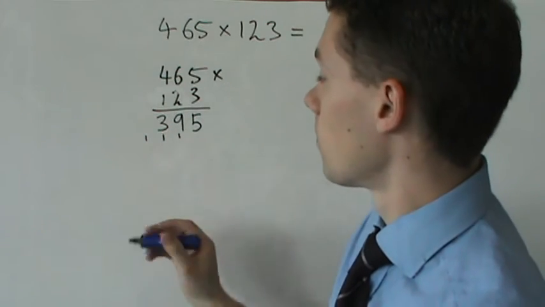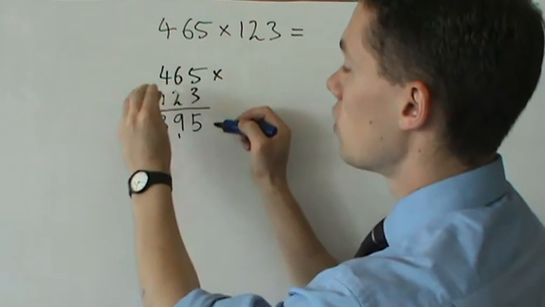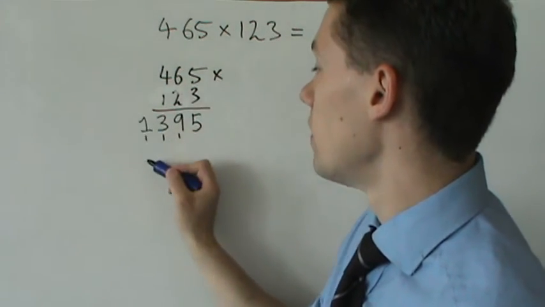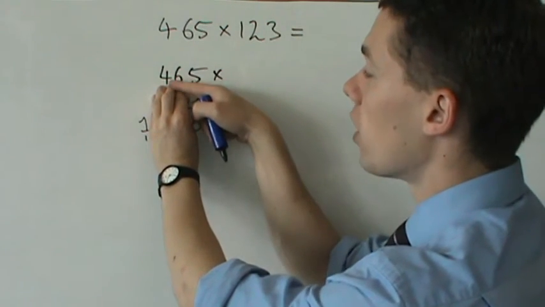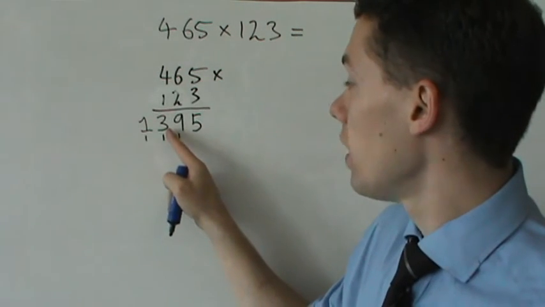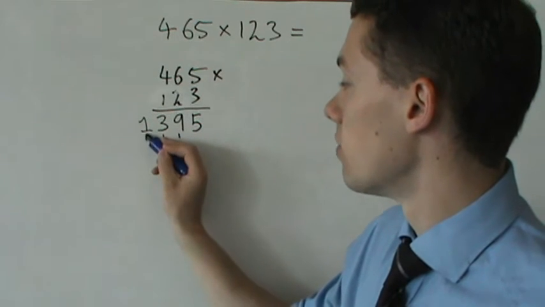Now, there's no more numbers to multiply the 3 by, so I can bring this final remainder up. So we've now worked out that 3 multiplied by 465 equals 1,395. And now that line's done, I can get rid of these remainders.